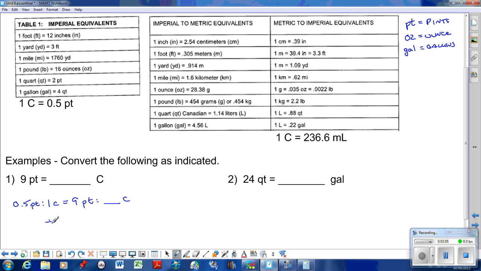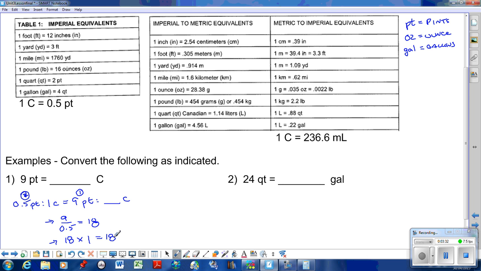So using our process, we take the number that's by itself and divide it by its corresponding partner. So we do 9 divided by 0.5, and we end up with 18. Our second step then is to take our answer from there, and we multiply it by the other number, so it's 1. So we do end up with 18.